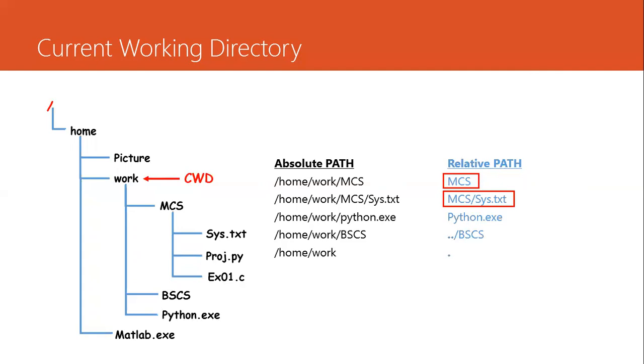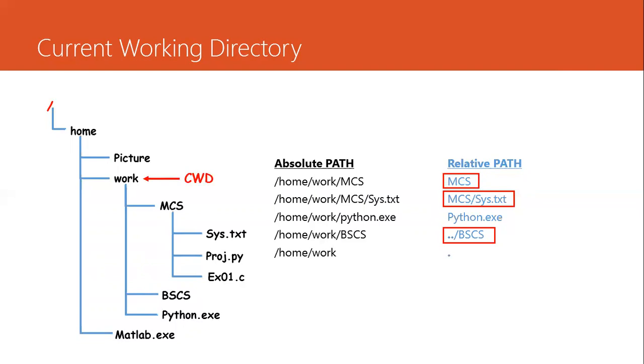Notice that unlike a full path, the relative path does not start with a slash. That's how you can tell a relative path from an absolute one. You can also write relative paths for items that are closer to the root. The special directory entry dot dot takes you from a directory to its parent directory.